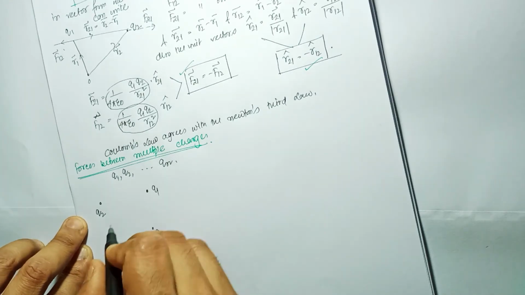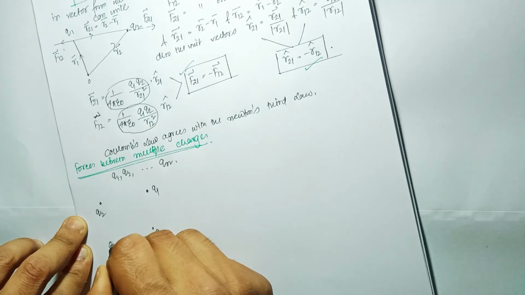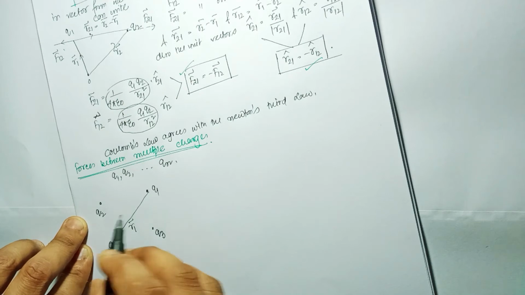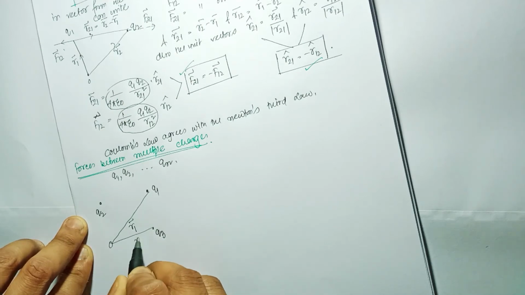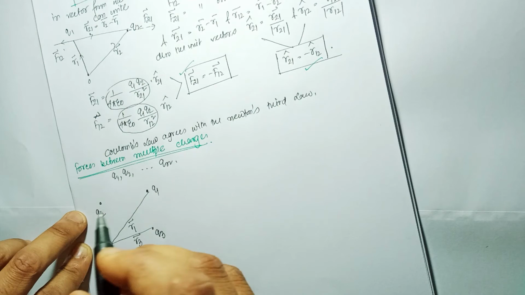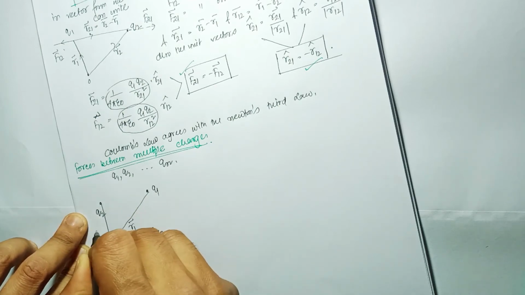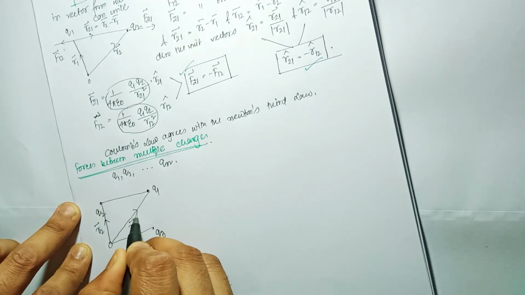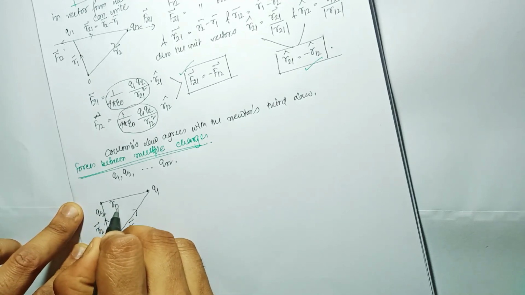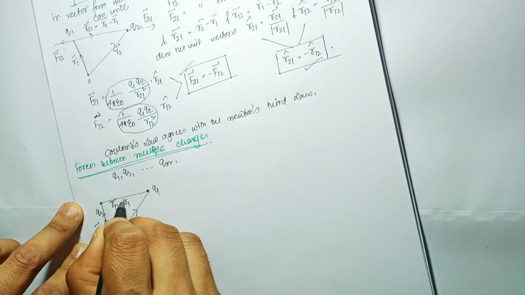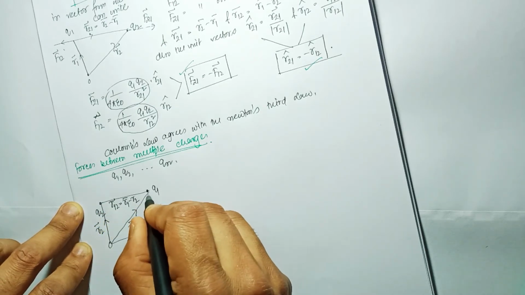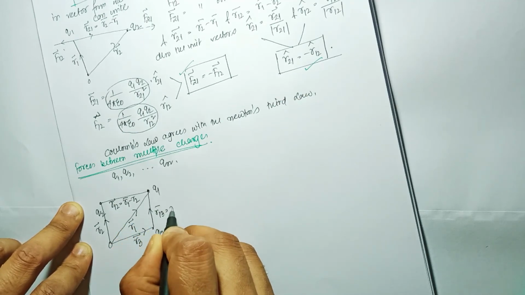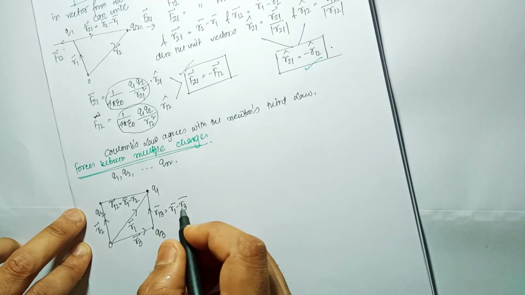With respect to the origin, Q1 has the position vector R1, Q3 has the position vector R3, and Q2 has R2. So R12 vector is equal to R1 minus R2, and R13 vector is equal to R1 minus R3, right?